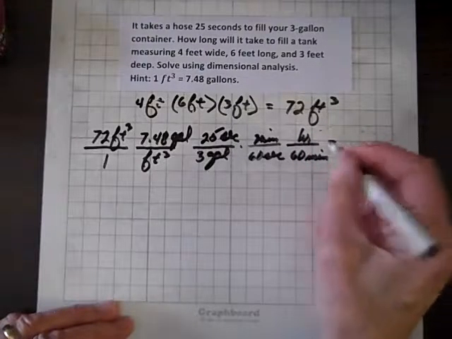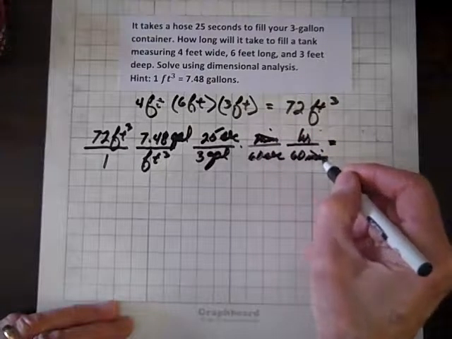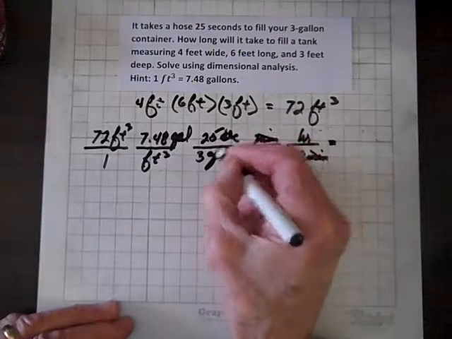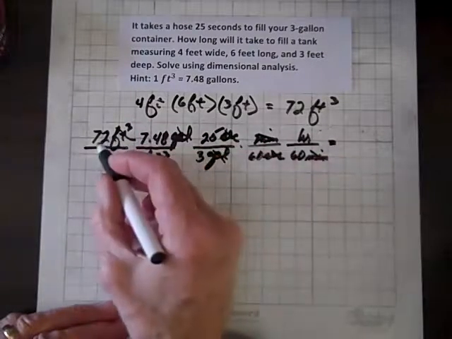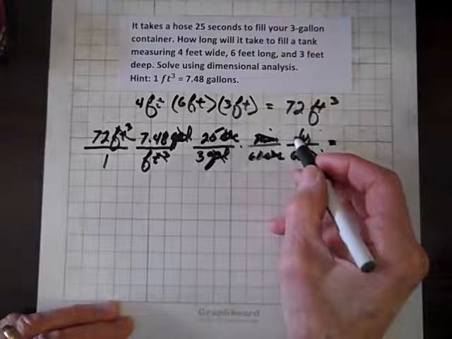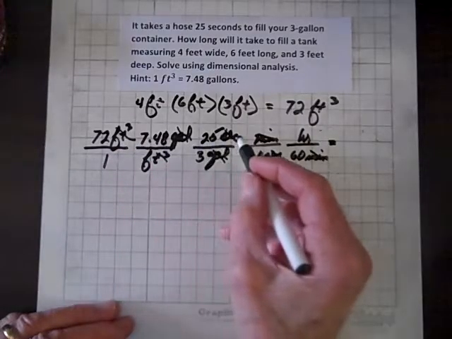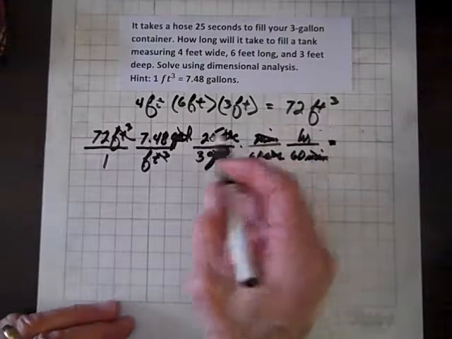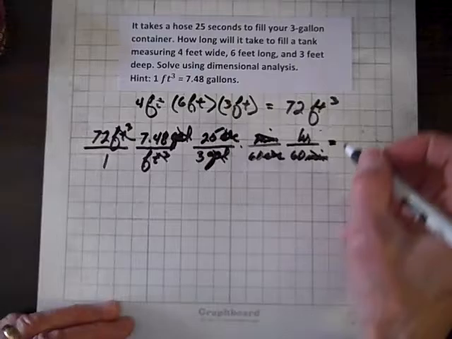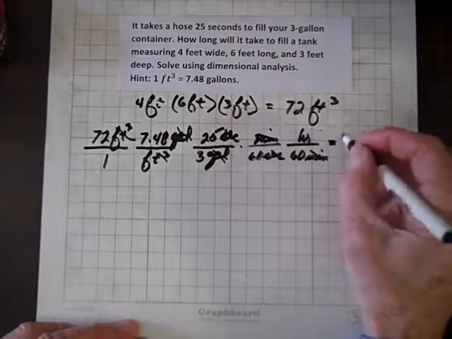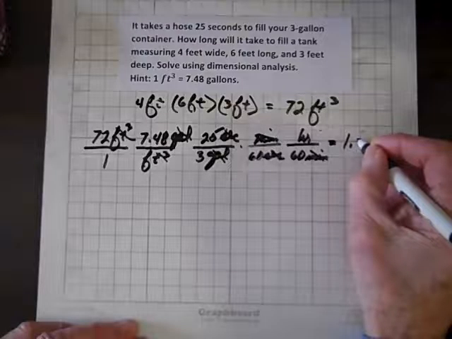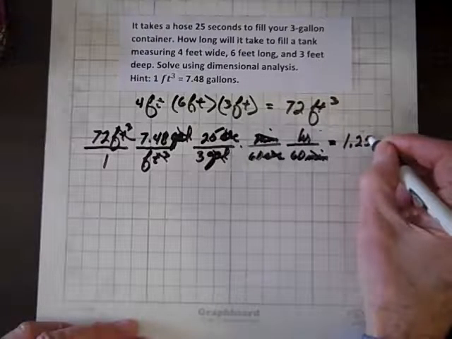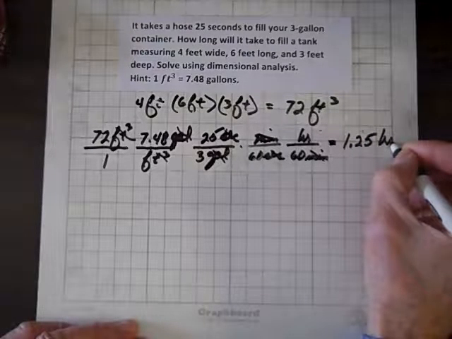And now the minutes divide out, the seconds divide out, gallons divide out, cubic feet divide out, and when we multiply the terms in the numerator, divide by the factors in the denominator and carry out the division, what we get is approximately 1.25 hours.